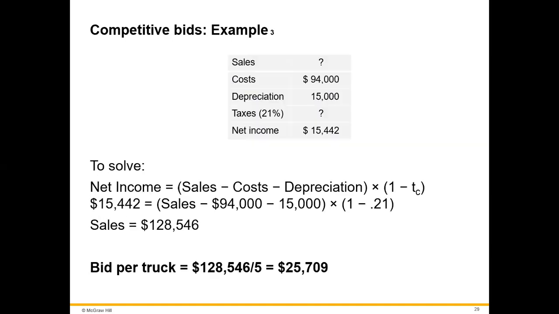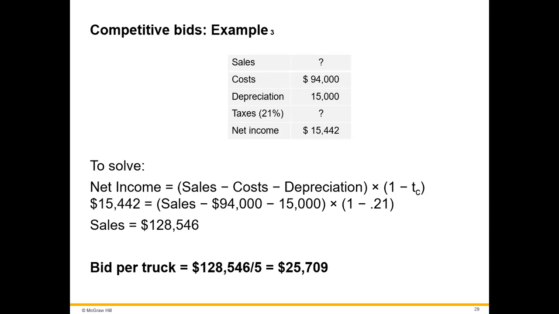So how much sales do we need? Well, if net income is 15,442 and depreciation is 15,000, costs are 94,000 each year. How much sales and how much would our taxes be? Well, here's what you do.